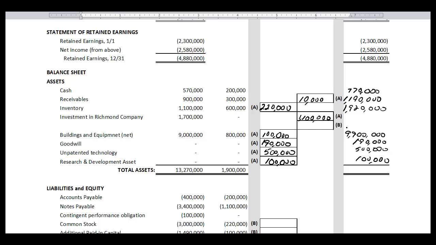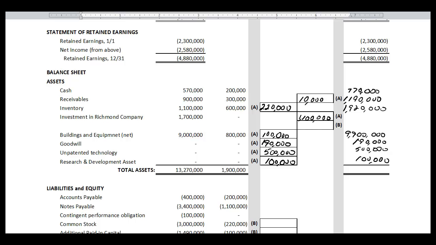And because I'm presenting everything as a consolidated group, I don't need this investment account. It wouldn't be right to show it in these consolidated financial statements. So therefore, this is what's called an elimination. I'm eliminating that investment, and what I'm using to eliminate it are these market value adjustments that you see.